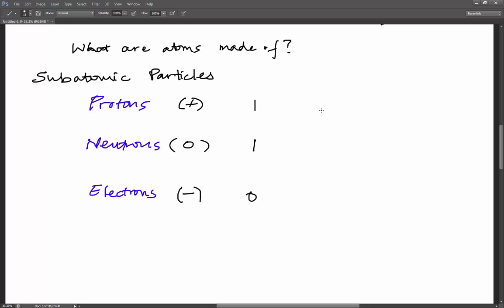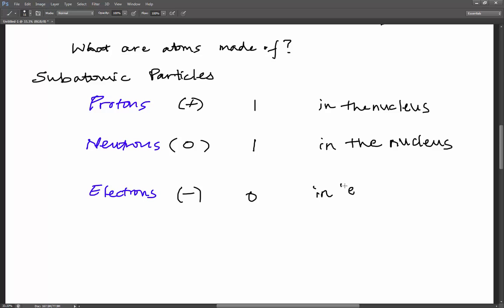Finally, we find that protons and neutrons are located in the nucleus, that is in the middle of the atom. There's a tiny, hard, dense mass in the middle that's called the nucleus. And then the electrons are found in a kind of a soft, squishy cloud or area of electron density that surrounds the outside of the nucleus and the outside of the atom.